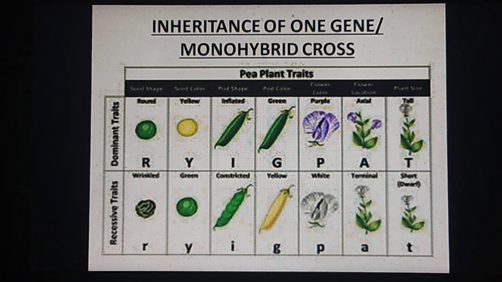For example, seed shape: since the round shape is dominant over the wrinkled one, we have to take capital R, and the same alphabet we should use for wrinkled, but it will be the lower case or small letter. Similarly for the others, we have to take the alphabets as per which one is dominant. So for the dominant one, the first letter we will choose as a capital letter, and for the recessive one we will use the same letter but small.